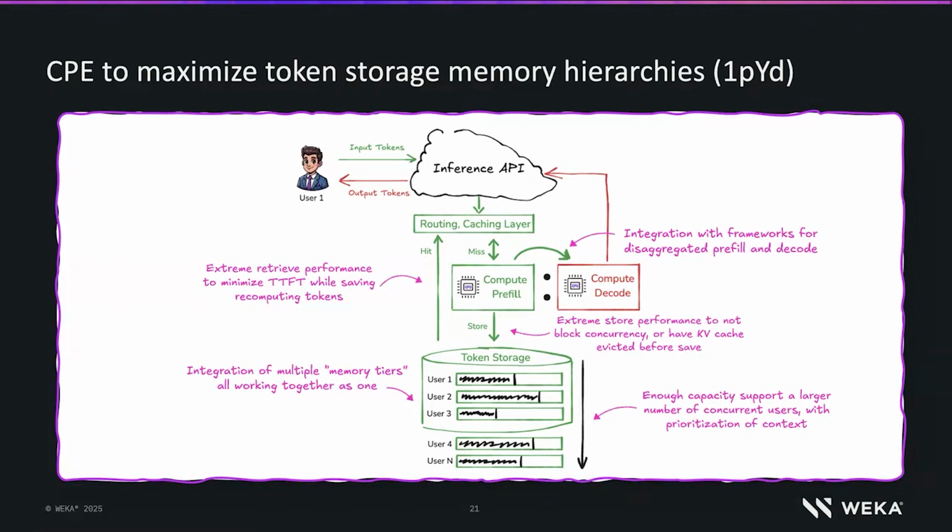You need to get at least to that point, and you need to be able to store extremely fast into it, because if you can't, you're going to be dropping KVs before they're in the memory tier, or you're going to be blocking GPUs, which is probably even worse. And then the other way you need to do it is you need to be able to fetch from that token storage very, very rapidly so that you can, again, not block the GPUs. They're the primary first-class citizen of this whole system.